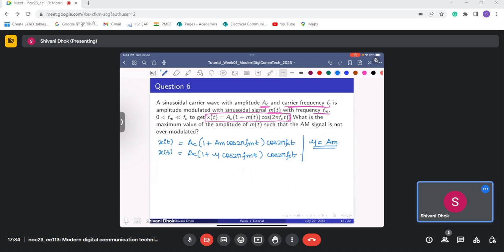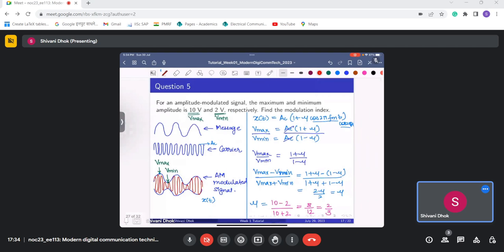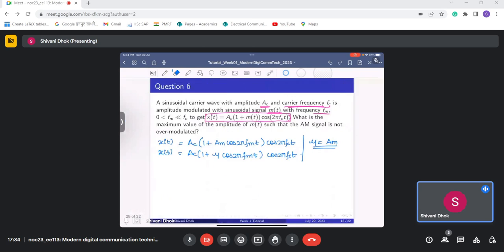Now we need to see the condition where this AM signal is not overmodulated. What do we mean by that? There are three cases that we can observe for the amplitude modulated signal x(t).